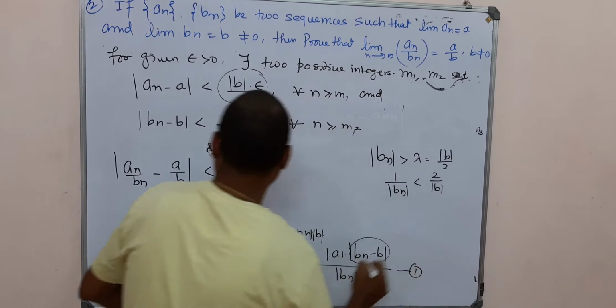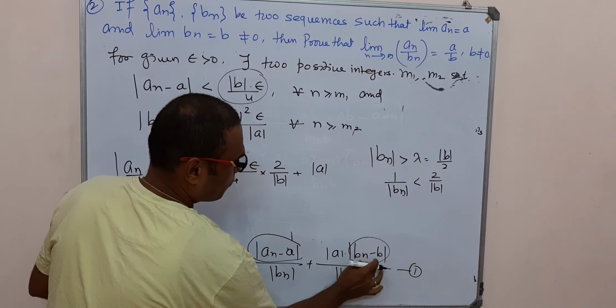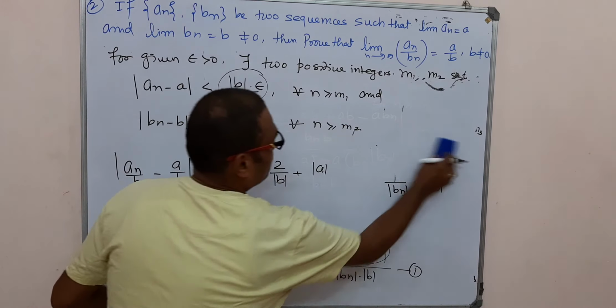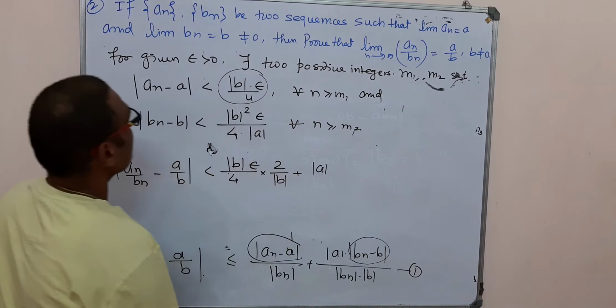Okay, now go to the next term, plus |a| times |bn − b|, which is replaced by |b|² epsilon upon 4|a|, and 1/|bn| is again replaced by 2 by |b|.